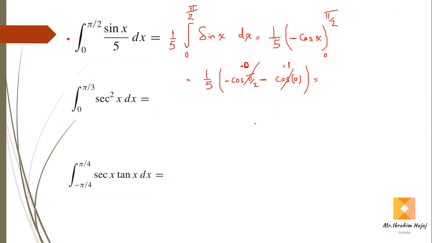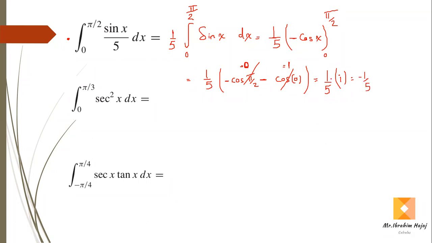So it will be 1 over 5 times negative 1, so the final answer is negative 1 over 5. Why positive?